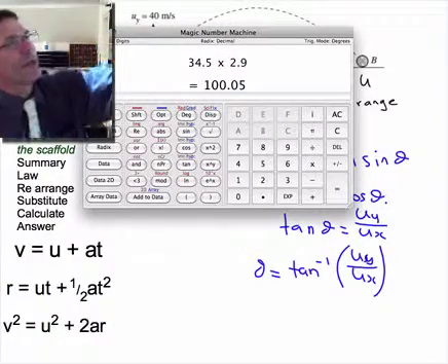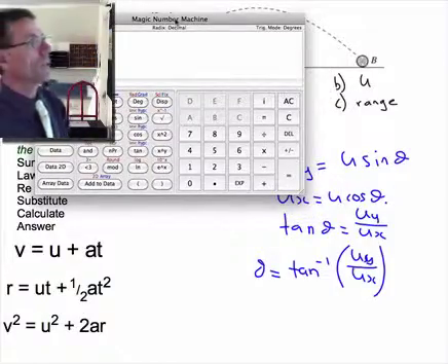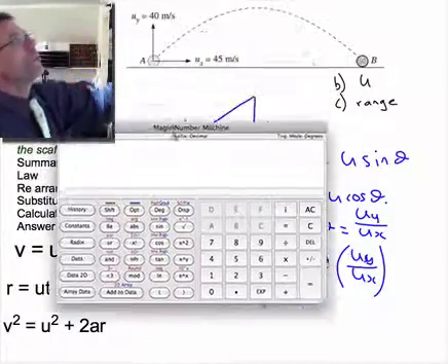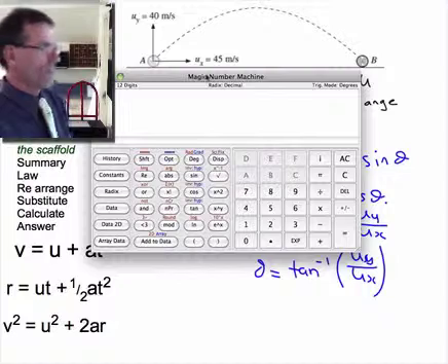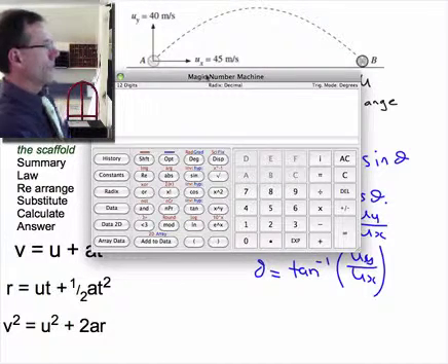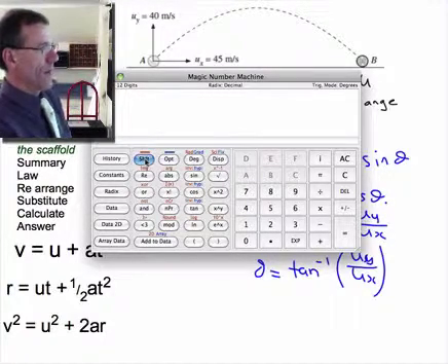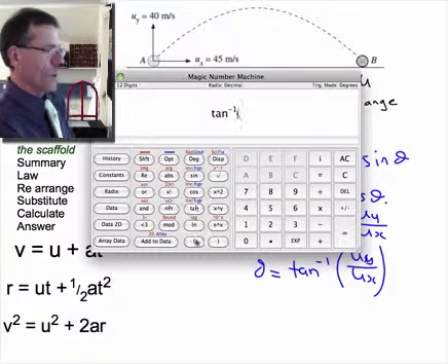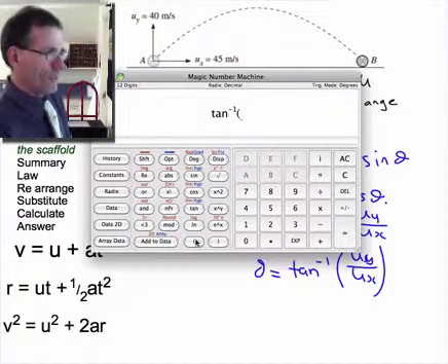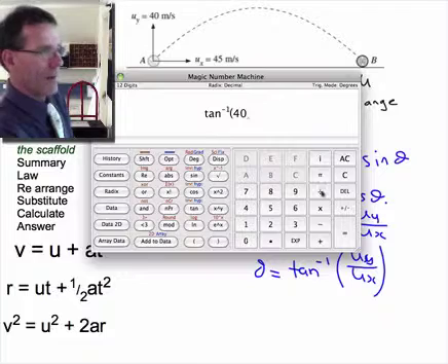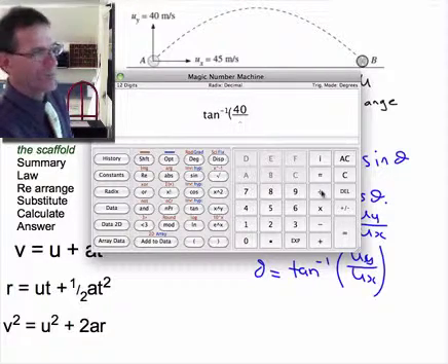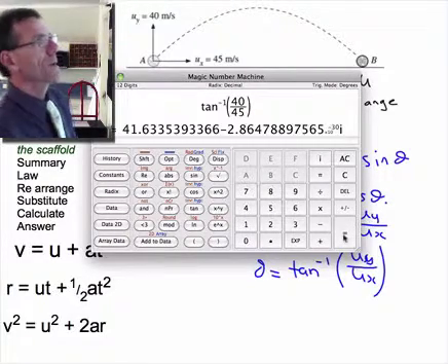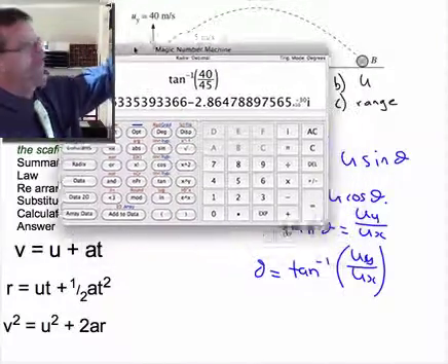Let's grab our handy calculator and have a go at doing this. Our uy is 40. So we want arctan of 40 divided by the ux, which is 45, which gives us an angle of 41.6 degrees.